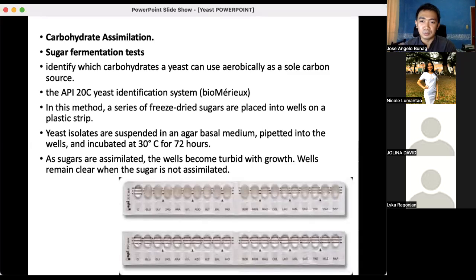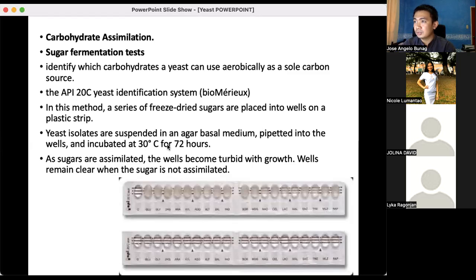Yung iba po kasing Candida species, they cannot. They are not able to assimilate trehalose as their carbohydrate. So it would also help us, medical technologists, to accurately identify the causative agent using this biochemical test, yung ating mga carbohydrate assimilation test.